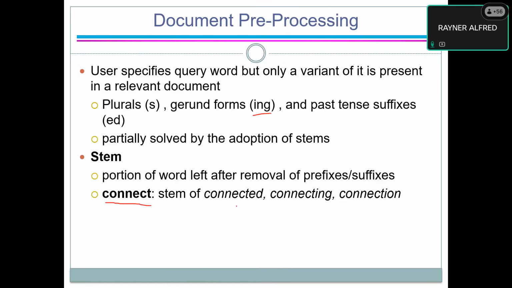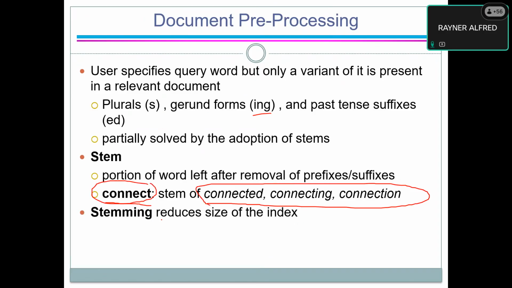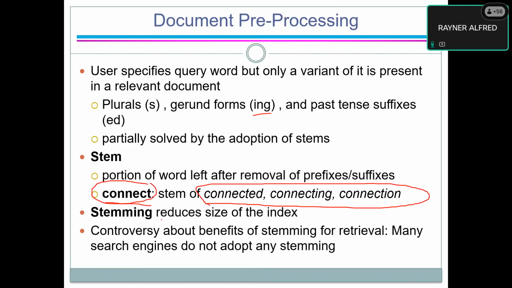For example, these 3 terms will all be converted to only one word, connect. So this stemming process can reduce the size of the index in your vocabulary list, and this will improve the performance.